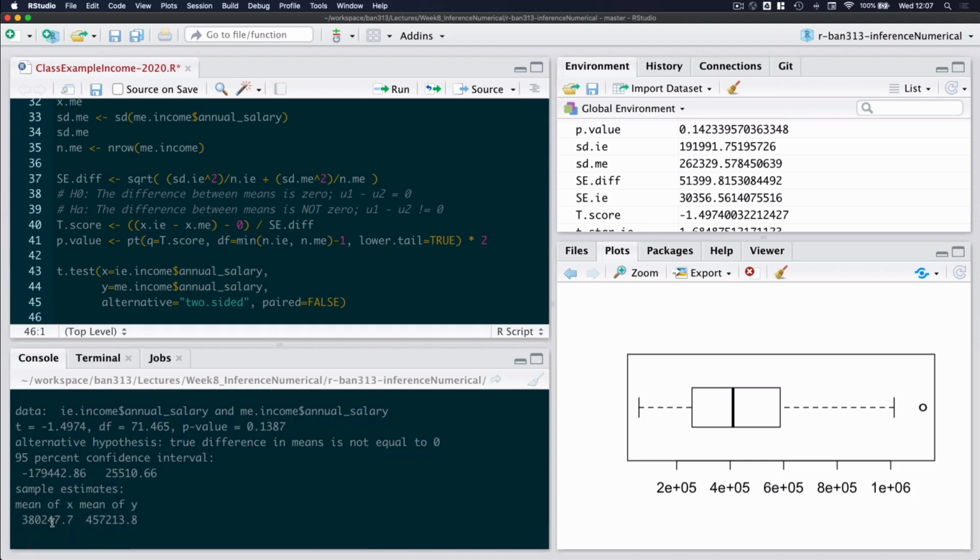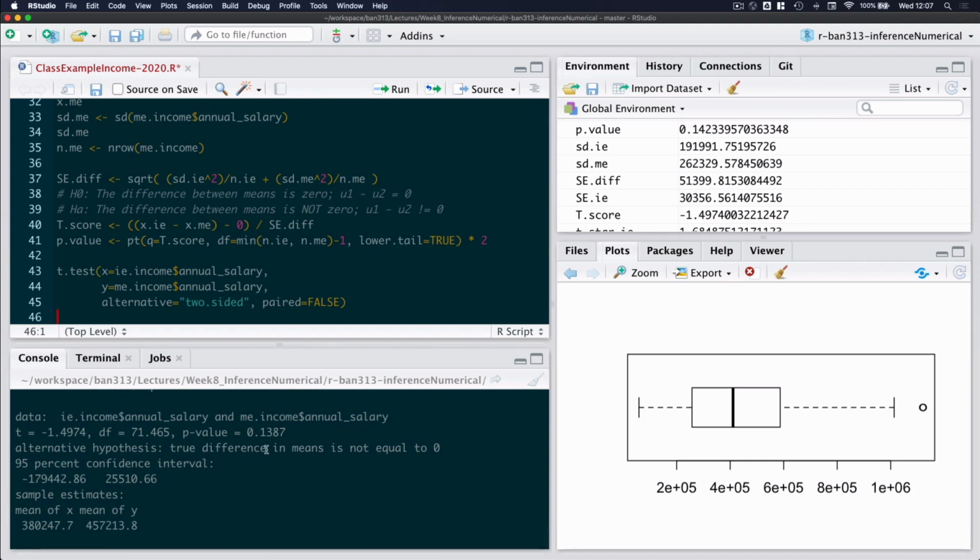I can get the two means from this test, but what I'm specifically interested in is the p-value, which again is greater than our alpha threshold, so we still cannot reject the null hypothesis. We're not accepting it, but there's not significant evidence to suggest that the incomes of industrial engineering and mechanical engineering graduates are actually different. All right.